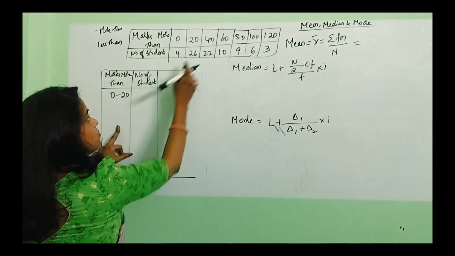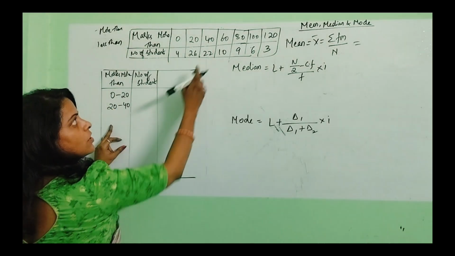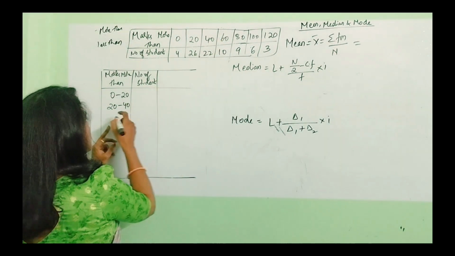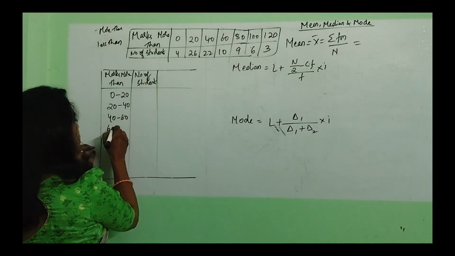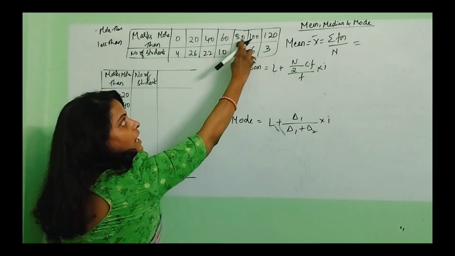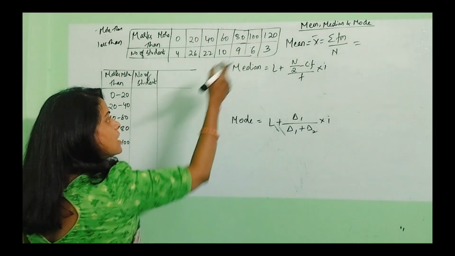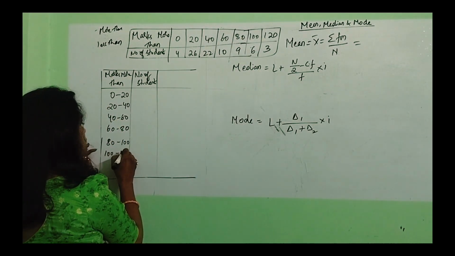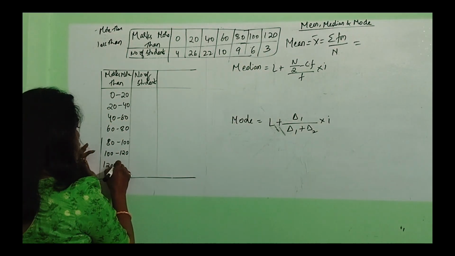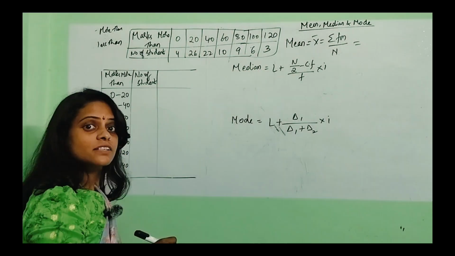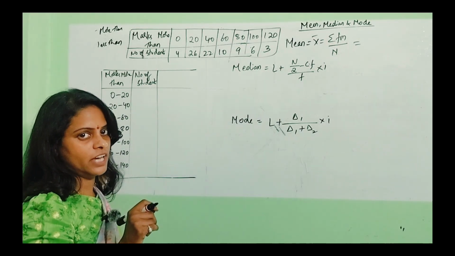More than 20, but it should not exceed 40. So 20 to 40. Same thing, 40 to 60. Next 60 to 80. Next 80 to 100. Next 100 to 120. Next 120 to 140. In this way you have to write down the continuous series of that.